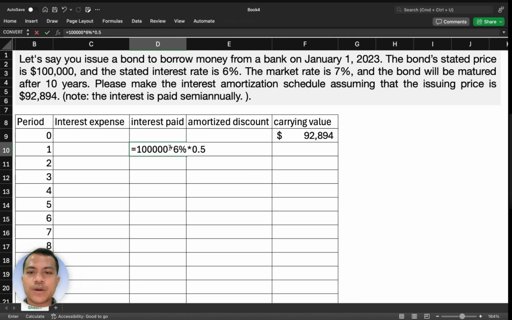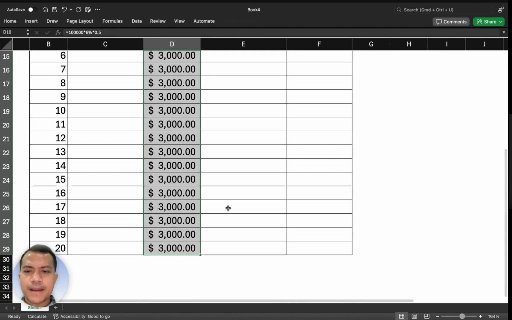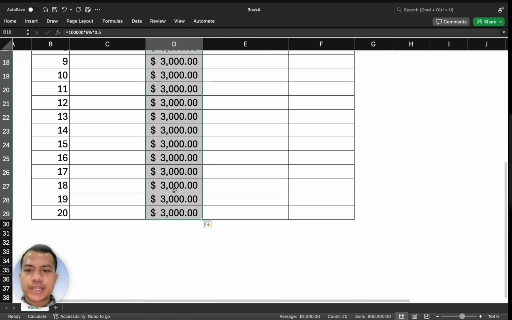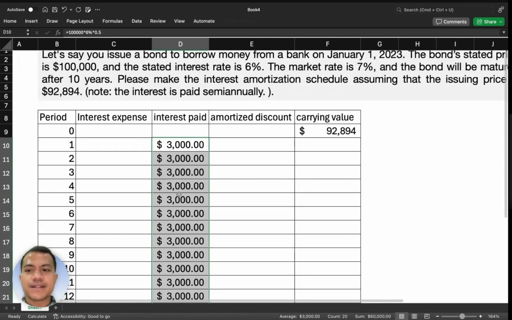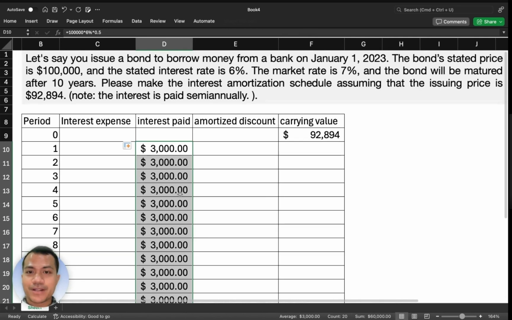So it is 3,000. And this number, the interest paid, is always 3,000 from the first period until the 20th period. It doesn't change. It is consistent, because it is based on what you promise, what you state on your bond.